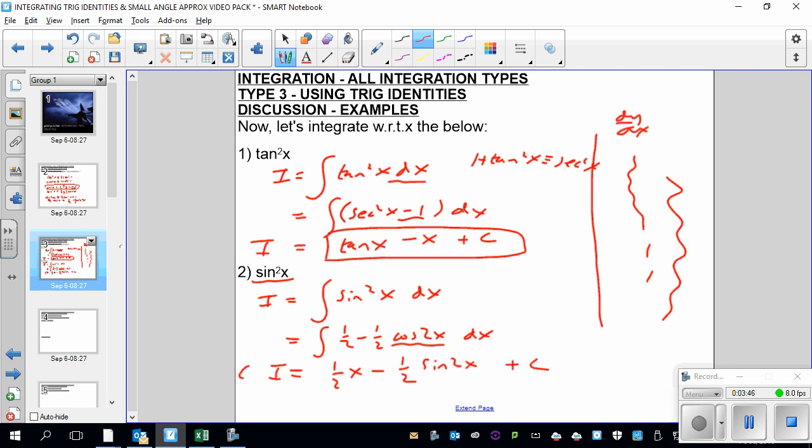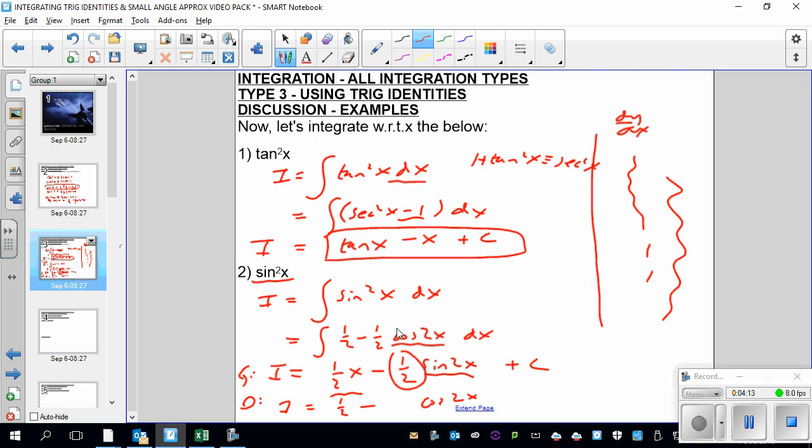So here's my kind of guess. But then I always differentiate to check. The half x, does that go to a half? Yes. Minus a half sine 2x. Sine 2x differentiates to 2 cos 2x. So that would cancel out this half, do you see? So actually we need to adjust. So my differentiation, I can see I've got a half minus cos 2x.